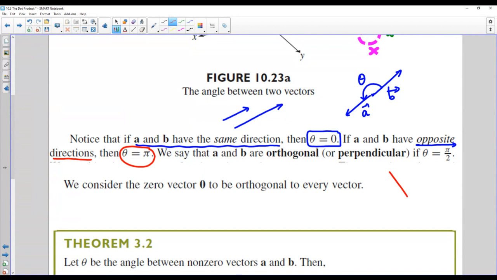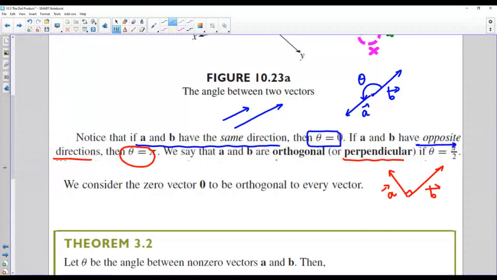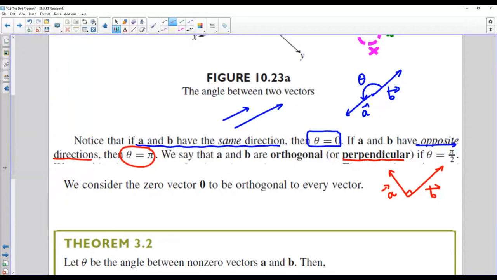You may also have situations where the vectors are like this. What is the angle this time? In this case, 90 degrees. So if they are perpendicular, or what we call also orthogonal, then the angle between them is pi over 2 or 90 degrees.